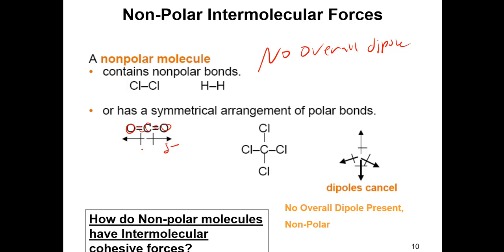So partial negative, partial positive on the carbon, and then the other oxygen is more electronegative than the carbon. And that's again due to the trend where the closer you are to fluorine, then the more electronegative you are. Oxygen's closer to fluorine than carbon is. Now, because there is an equal pole in opposite directions, then they cancel each other out, and there is no overall dipole.